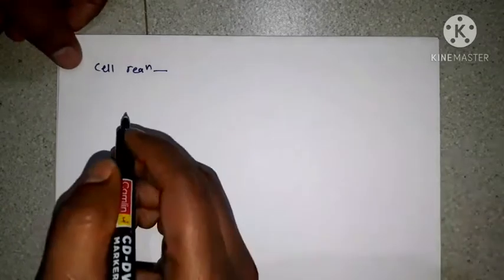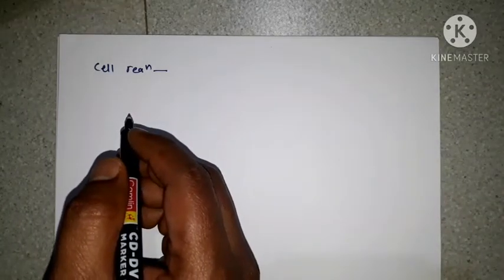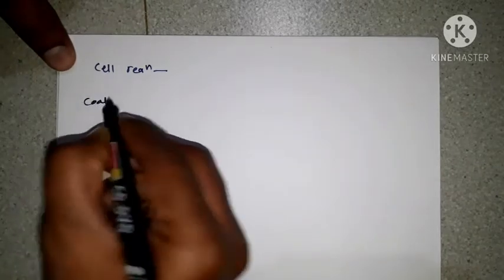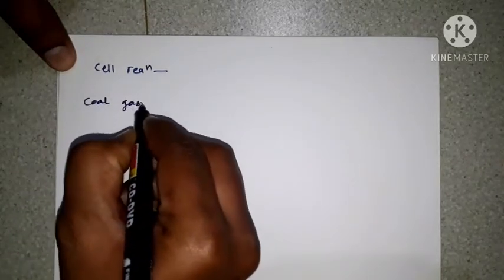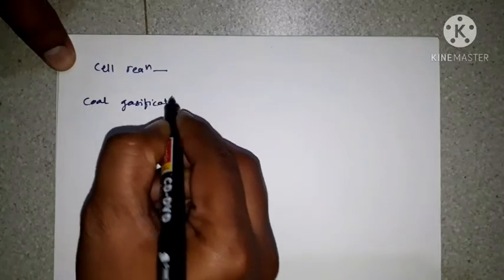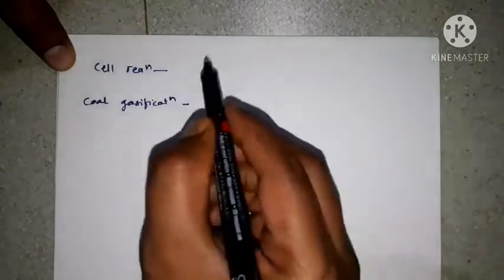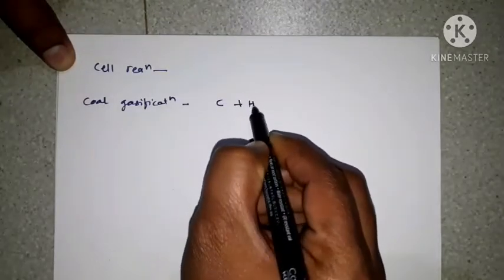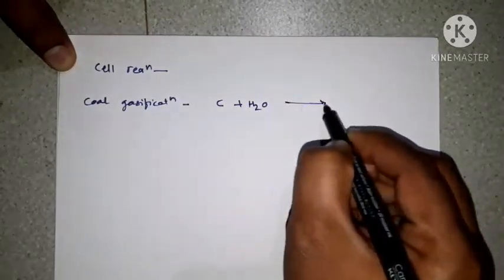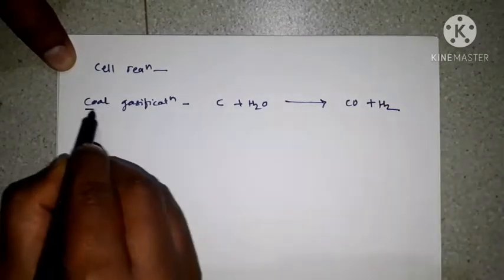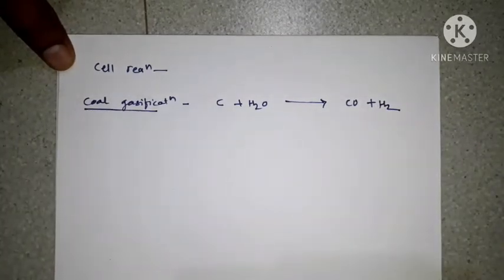In the cell reaction, the first process, as we know, is coal gasification. Coal gasification means how to generate carbon monoxide and H2 gas. As we know, carbon plus H2O gives CO plus H2, that is the coal gasification reaction.